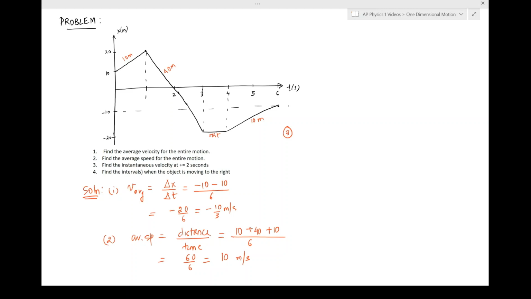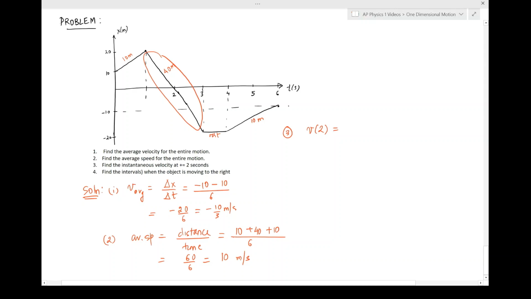Now, at the 2 second mark, the part of the graph is a straight line. We know that the tangent to a straight line is the straight line itself. So all we need to do in order to find the velocity at the 2 second mark is find the slope of this line here.